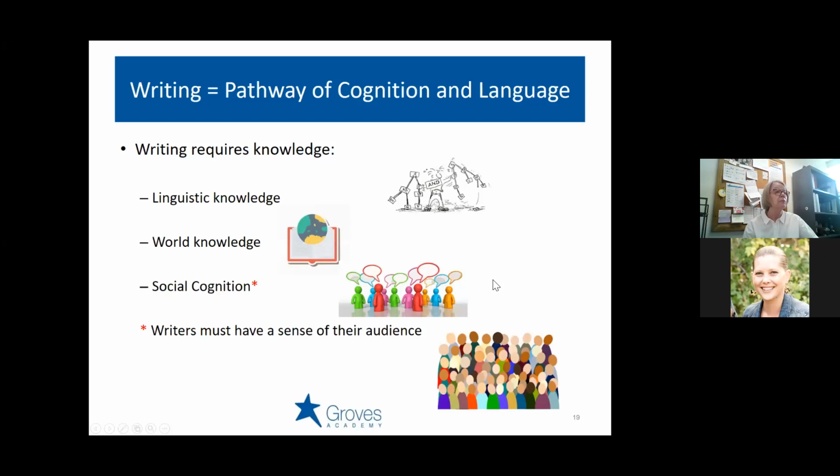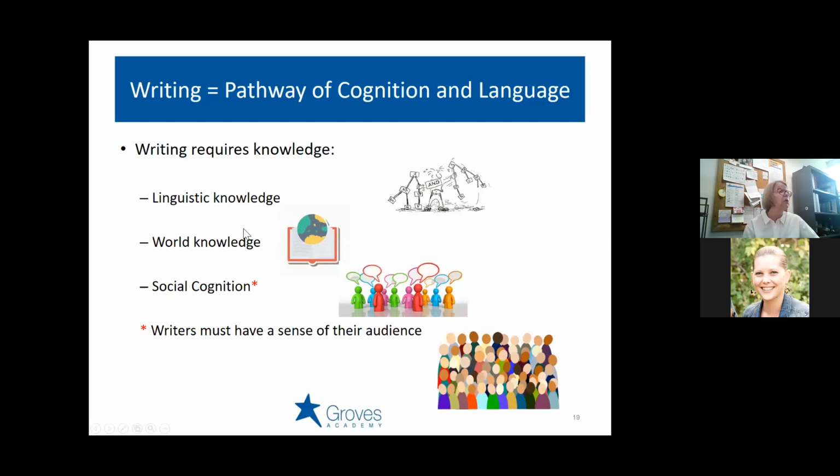So writing really is the way that cognition and language merge. Cognition and language actually develop on somewhat different tracks. So for writing, you have to have some linguistic knowledge, oral language, and then the ability to transfer oral language into whatever code your language uses.